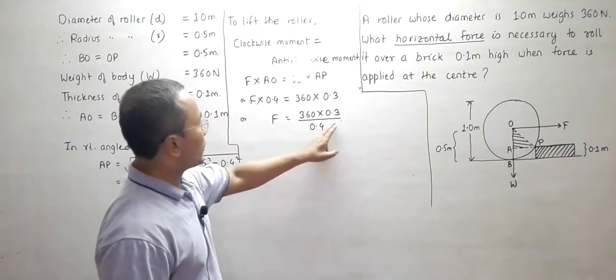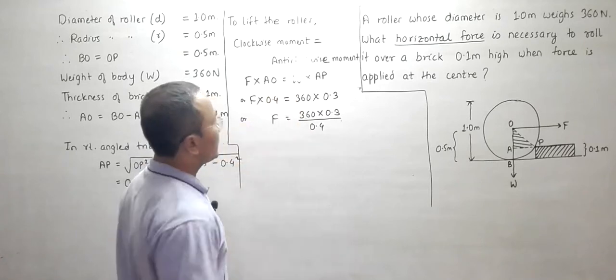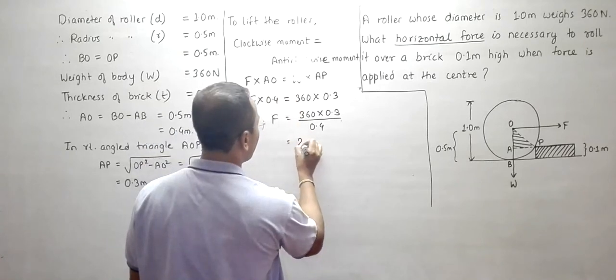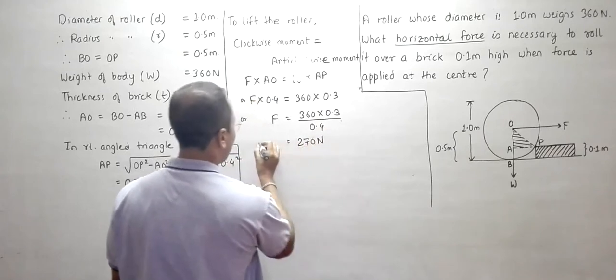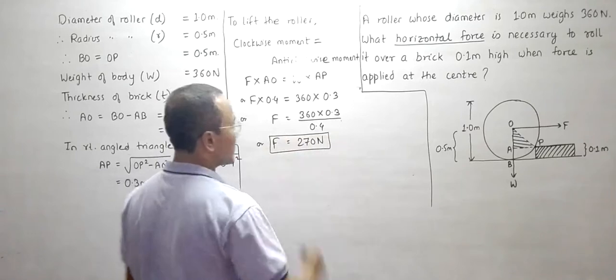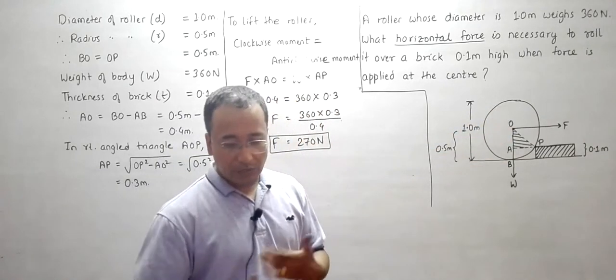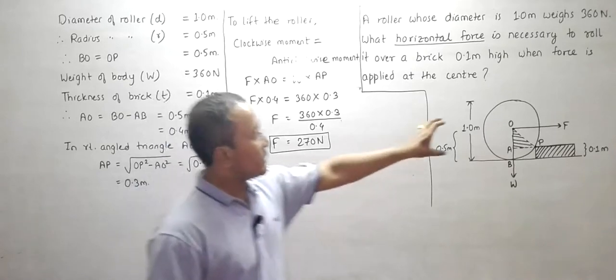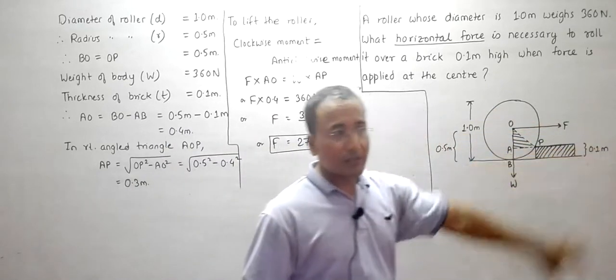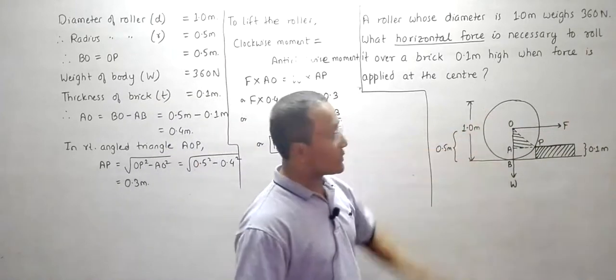So this point cancels out. 4, it should be 90 into 3, that is equal to 270 Newton. So the force required here is 270 Newton, such that this thing just tips over or rolls over. If it is more than 270, it will roll and accelerate, and if it is slightly less than 270, it will again fall back to the ground.